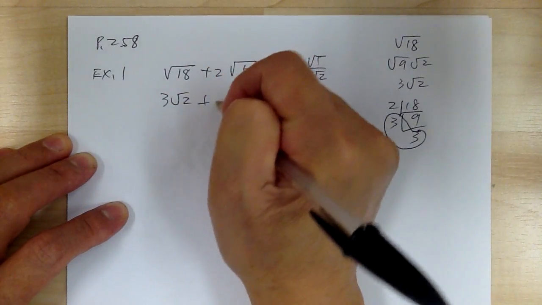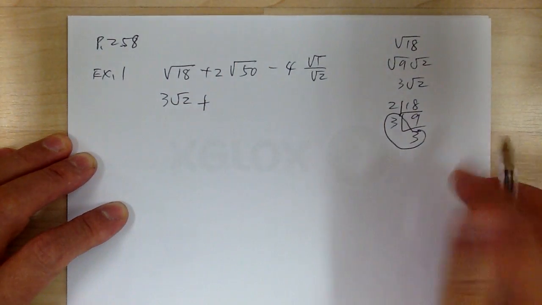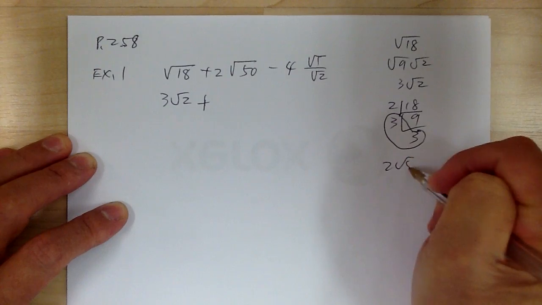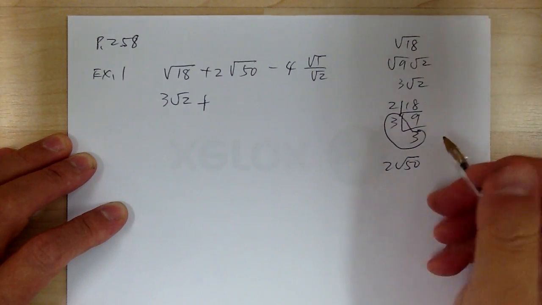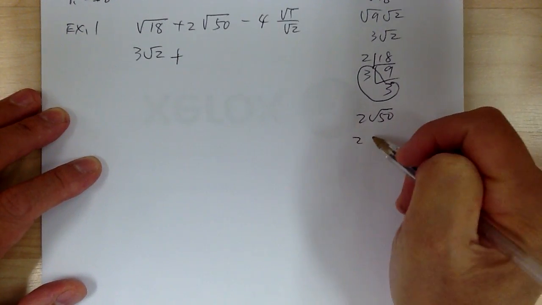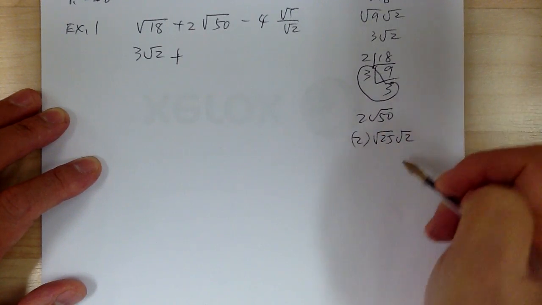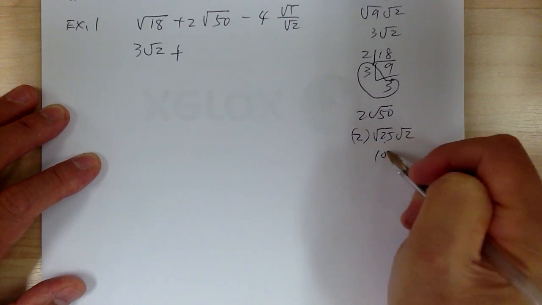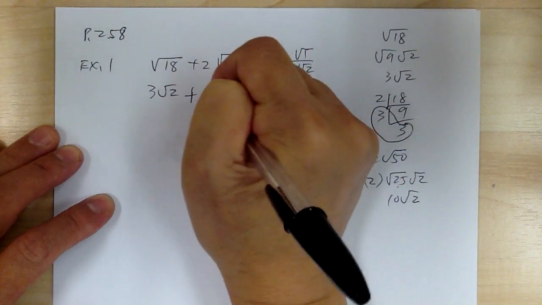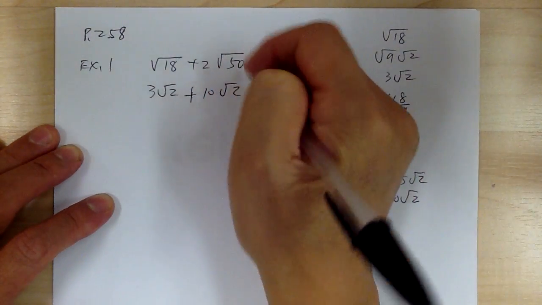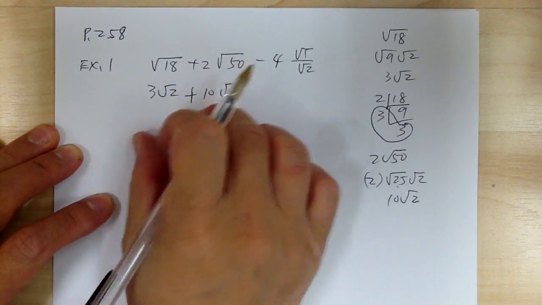Plus, again, you want to go off to the side. So 2 square root of 50, you can use either technique. You can have 2, and square root of 50 as square root of 25 and square root of 2. So this is 5 times 2, which gives you 10 square root of 2. You want to go off to the side so it doesn't clutter up your major steps.